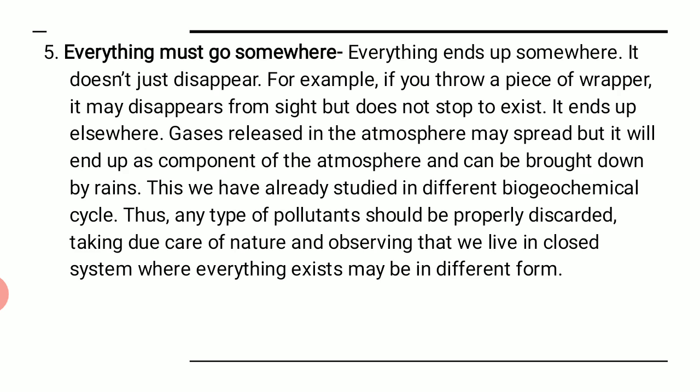That means somewhere or the other it changes its form, but it never completely vanishes from the earth. And that we have seen through the different biogeochemical cycles, that chemicals, even the compounds, may seem to be losing themselves, but somewhere they're changing, and it's not that they completely go out of the closed system.